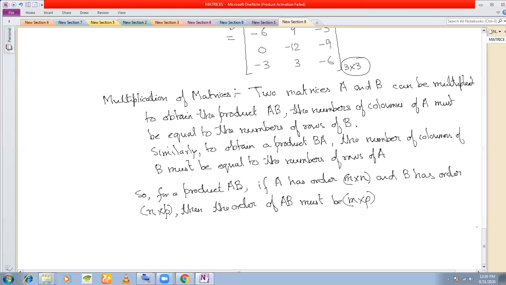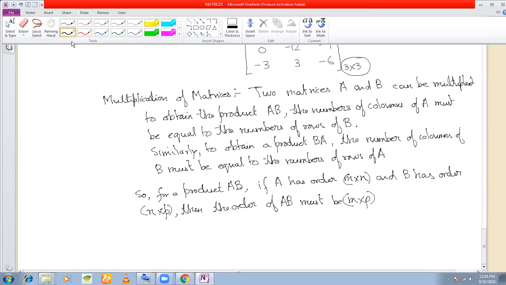What does this mean? It is m by p, the number of rows and the number of columns. Okay, so let me give an example and then I will finish this.